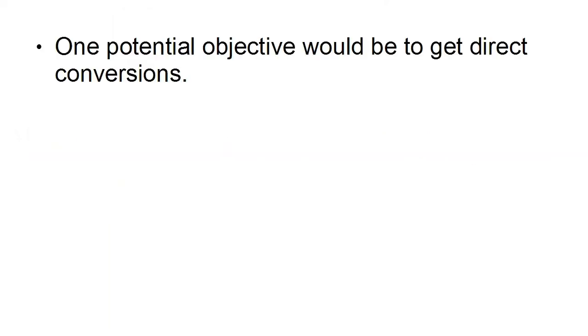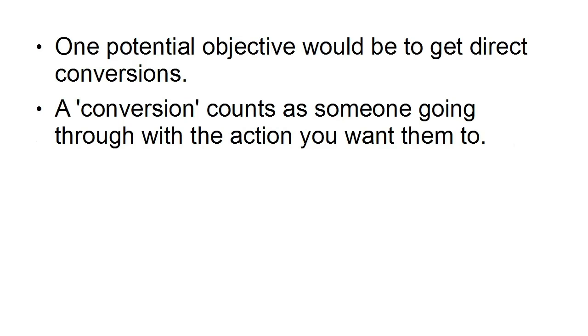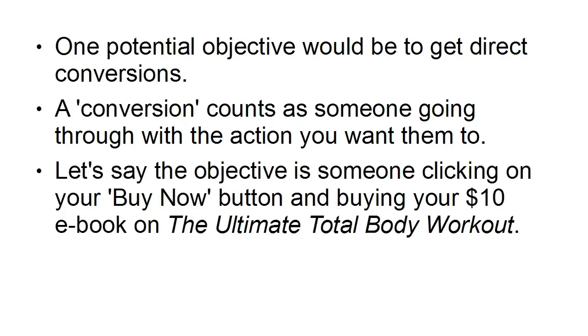Now, one potential objective would be to get direct conversions. And a conversion counts as someone going through the action that you want them to. So let's say the objective is someone clicking on your Buy Now button and buying your $10 ebook on the Ultimate Total Body Workout.